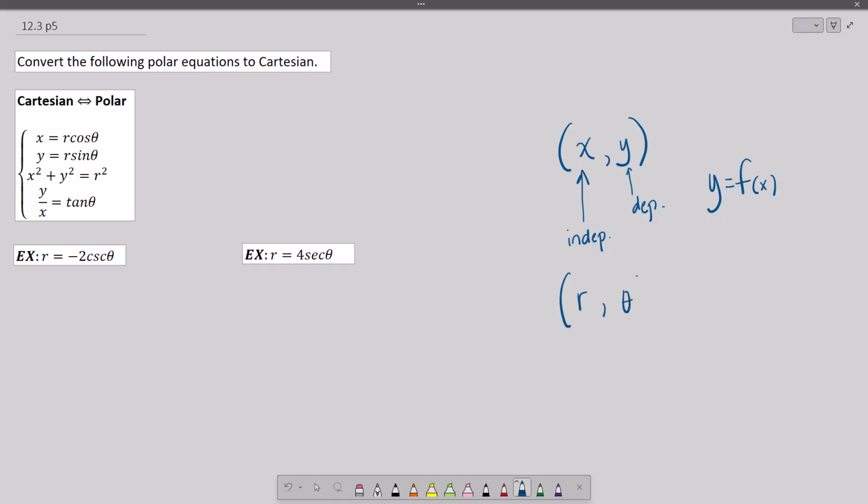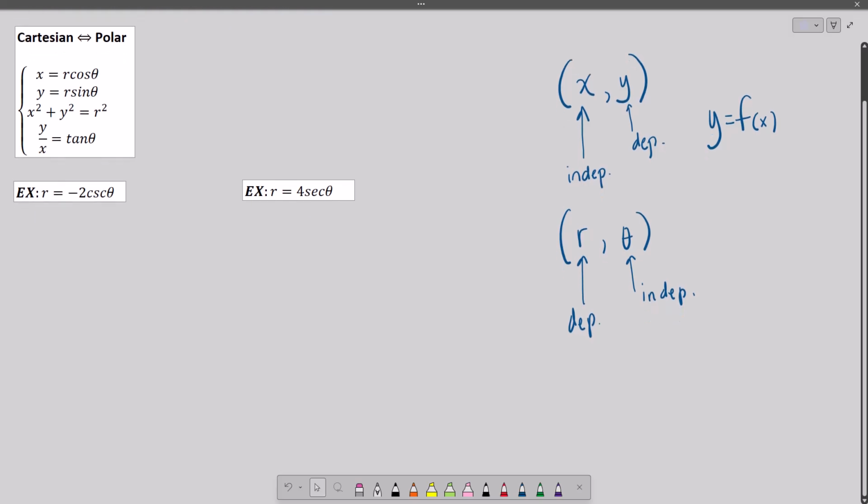We do r comma theta, but whenever possible, we want to isolate the r. So in polar, we are thinking about theta as being independent. We're plugging in a theta and getting out a radial value. It's funny that they do this flip. You would think that we would keep the same convention, let's have the second coordinate be the dependent variable, but no. I don't know why. Never figured that one out. But just be aware of that.